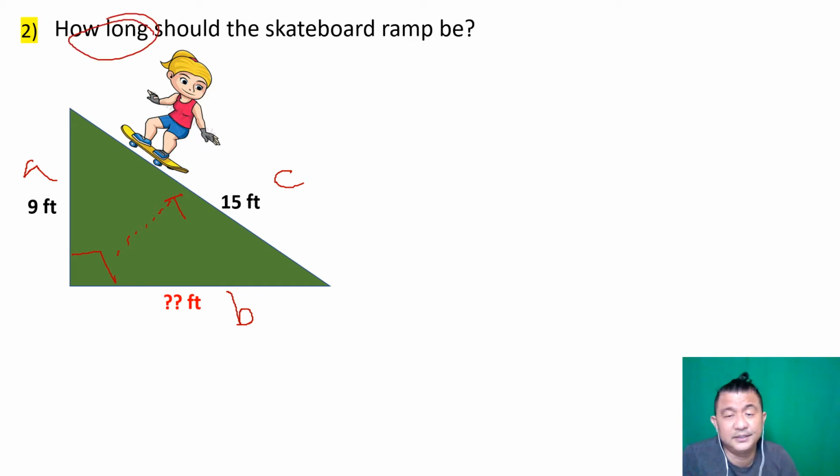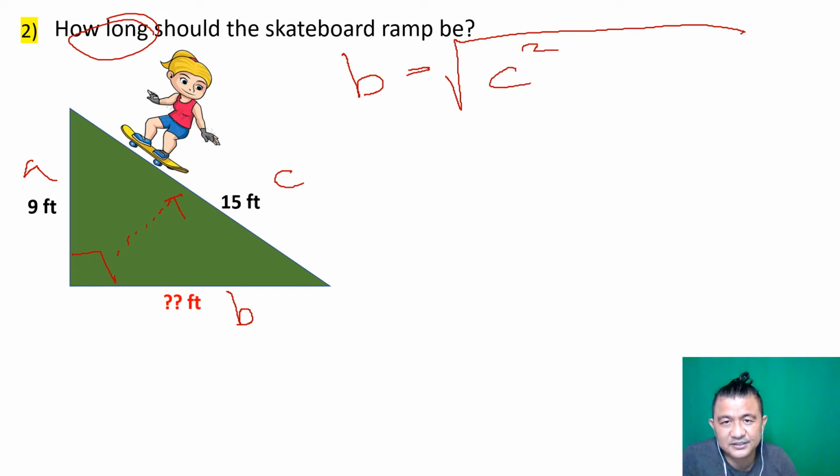So simply, let's now try to use the derived formula. Okay, b is equal to, remember, a long square root, and what's inside? Yes, the longest minus the other leg, a squared. So see, you can just put it out there so that you don't need to move things around.